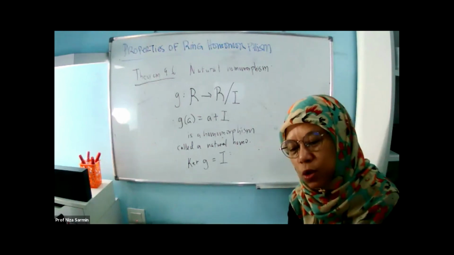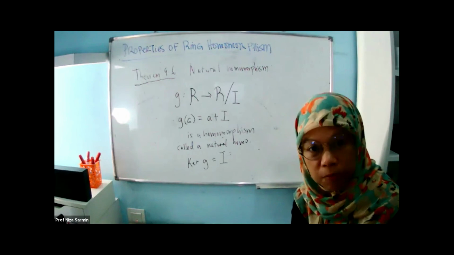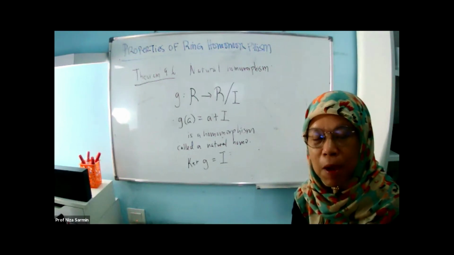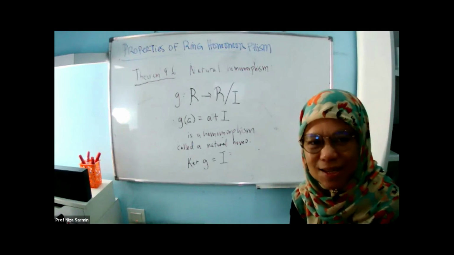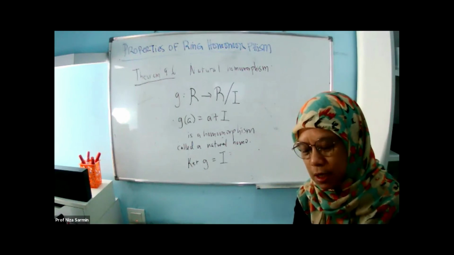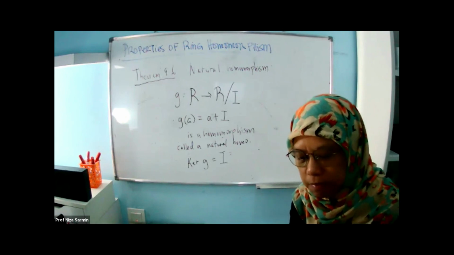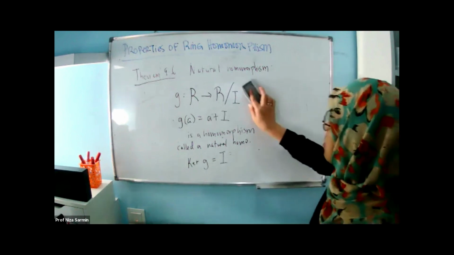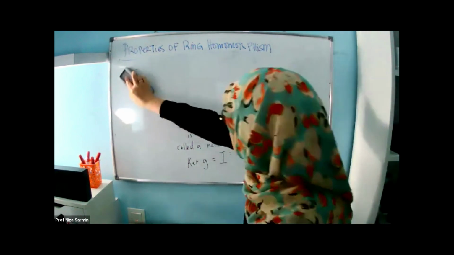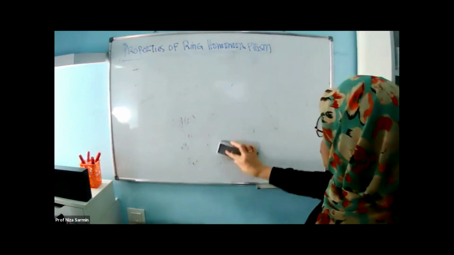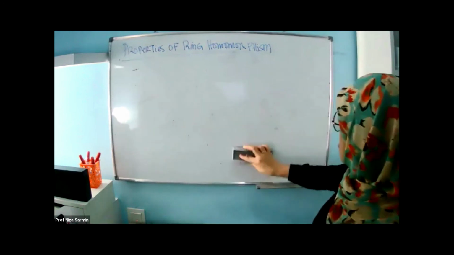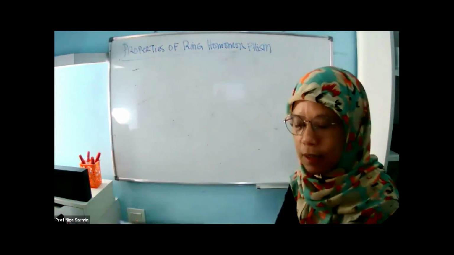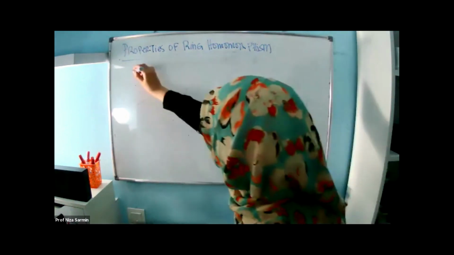I just want you to go through the proof, but you are not responsible to memorize. Understand? It's okay. Go through the first isomorphism theorem. Let me write and explain. I'm not going to go through the whole proof, but it's quite simple if you go line by line. You can understand that.